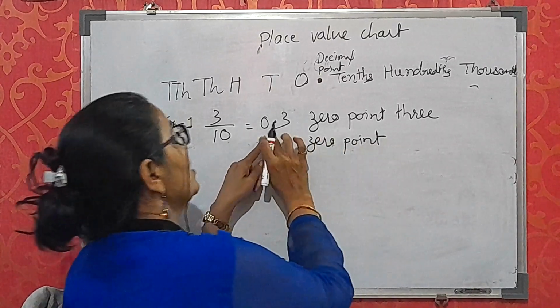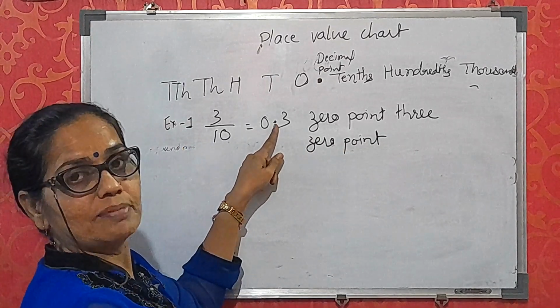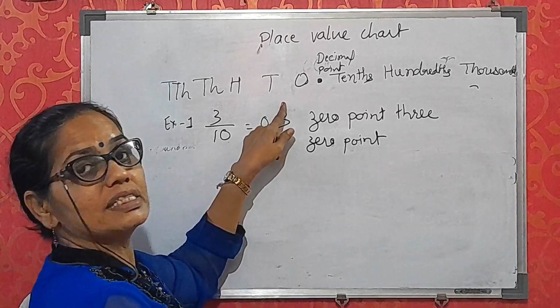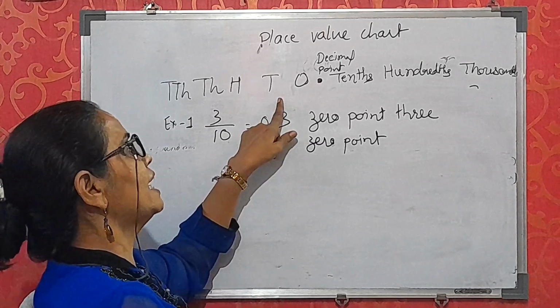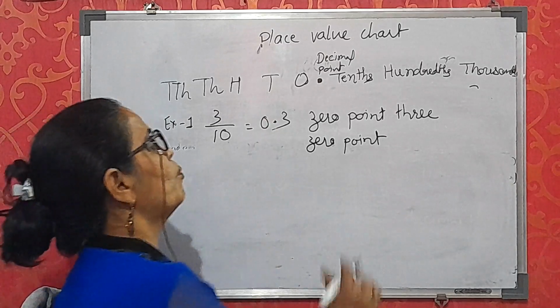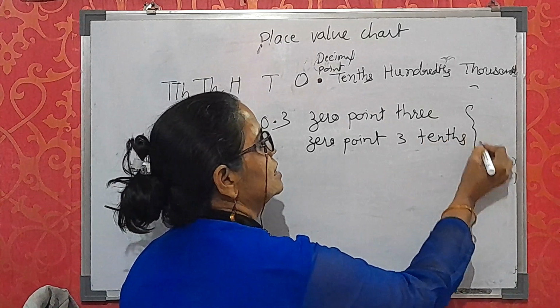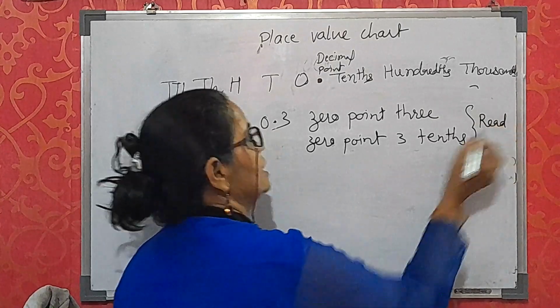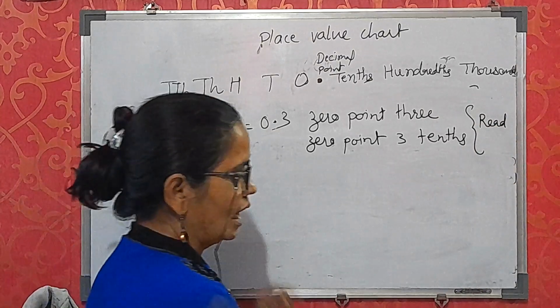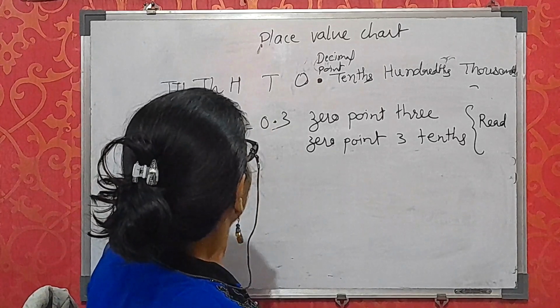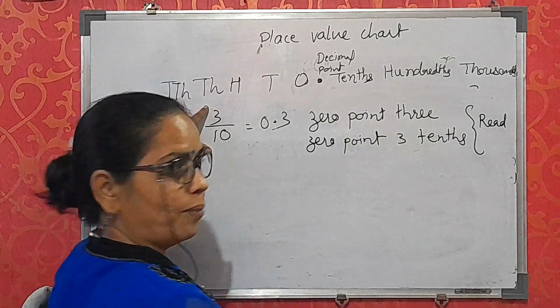Now 3 is in which place? Right hand side of the decimal point, the first place is tenths. So 3 is in tenths place. So I will write 0.3 tenths. I will read this number in this way or else in this way. Understood?